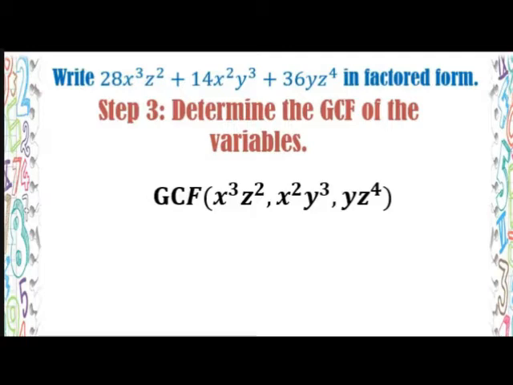For Y, it's on the second and last term, but it's not on the first term. For Z, it's in the first term and last term, but not in the middle term. So we cannot see a letter which is common to the 3 terms. Therefore, the GCF is 1.